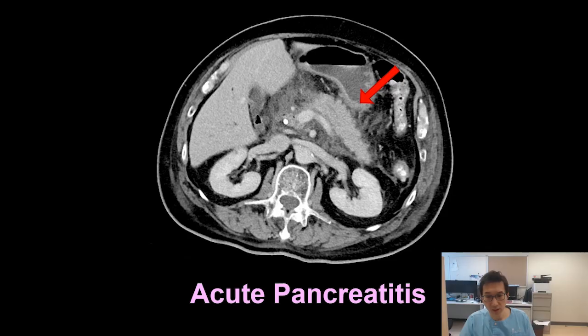Of course, here you could argue that, well, you could take an amylase anyway, why do you need CT? But CT also has an extremely important role in the management of acute pancreatitis for multiple reasons. One, to confirm the extent of the acute pancreatitis. Two, to rule out a biliary cause of the acute pancreatitis, to see whether drainage is required.